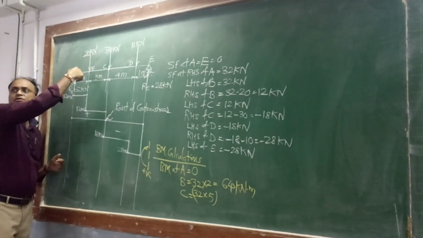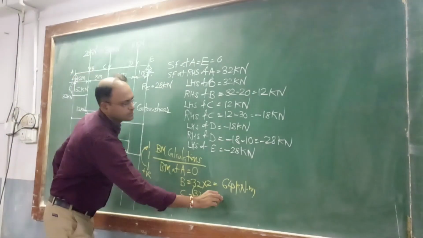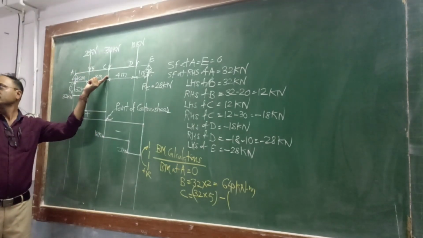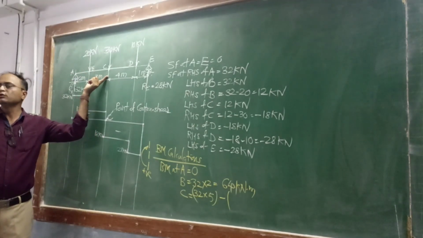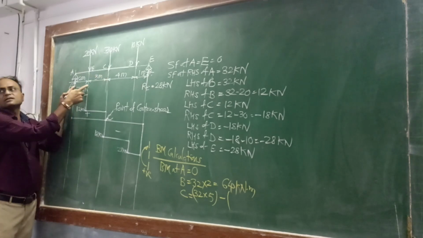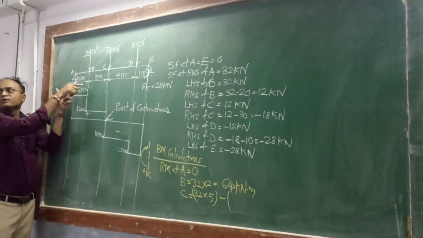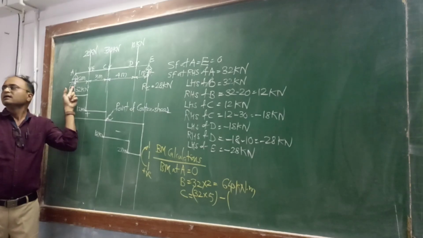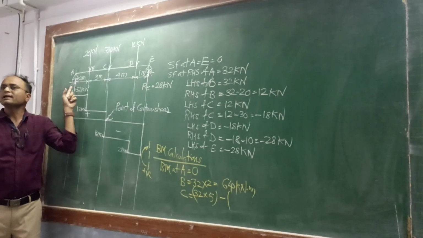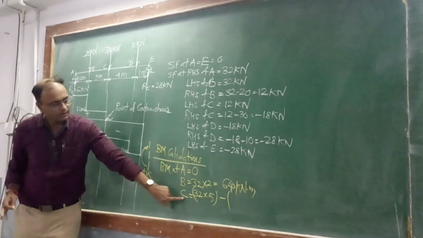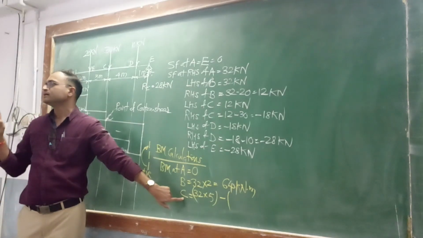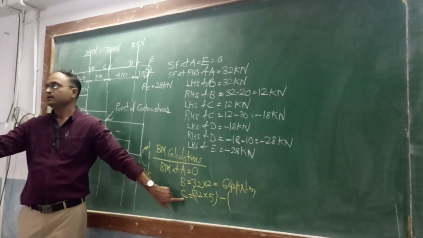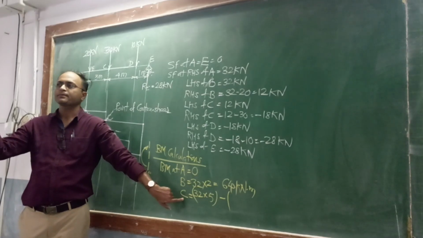This 20 will produce minus 20 into 3. यहाँ पर mistake क्या करते हैं? You make a mistake while taking this 20, you take this distance. If you take distance 2, many students do like this. हमें moment किस point के about लेनी है? We have to take moment about point C. इसलिए C point and that force, दोनों के बीच का distance आपको लेना है.